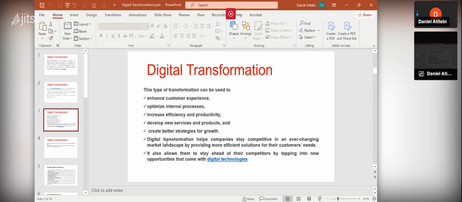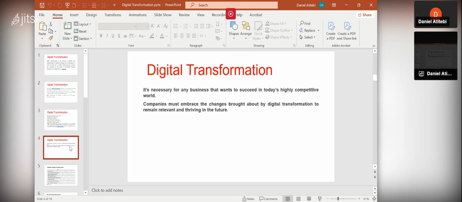Therefore, we can safely say that digital transformation helps companies stay competitive in any ever-changing market landscape by providing more efficient solutions for their customers' needs. It also allows them to stay ahead of their competitor by tapping into new opportunities that come with digital technologies.